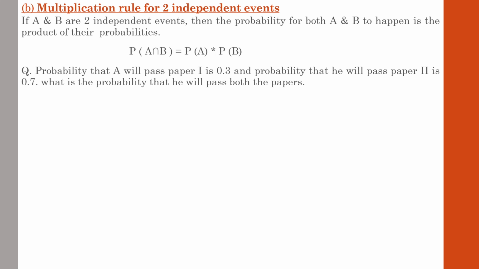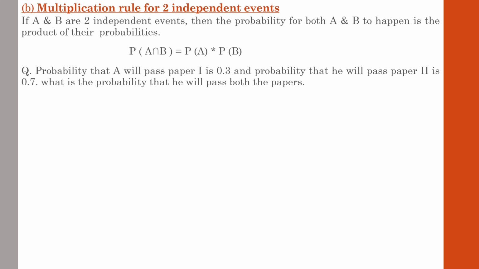So here you have to study the probability that A will pass paper 1 and paper 2. So what is the probability that he will pass both the papers? So it is a case of a multiplication situation, because here for paper 1 and paper 2, there is no statement mentioning that the failure or the success rate of paper 1 depends on paper 2, or that if he is passing paper 1, he will definitely fail paper 2.